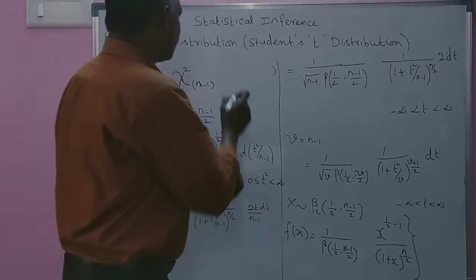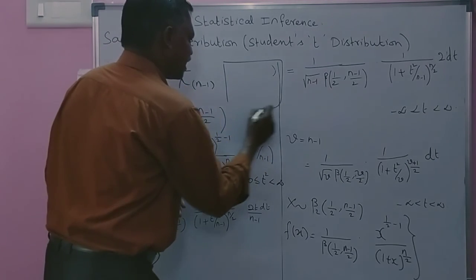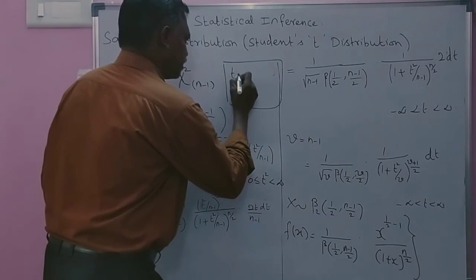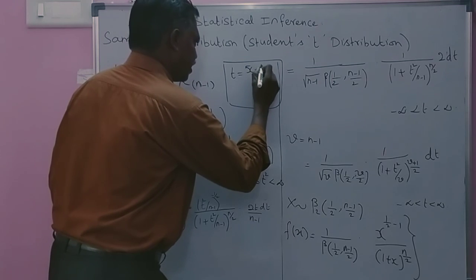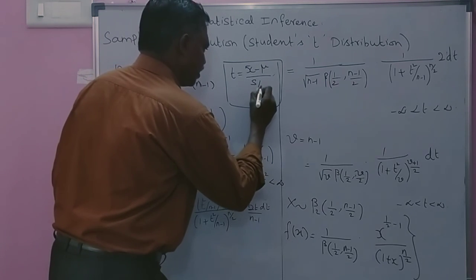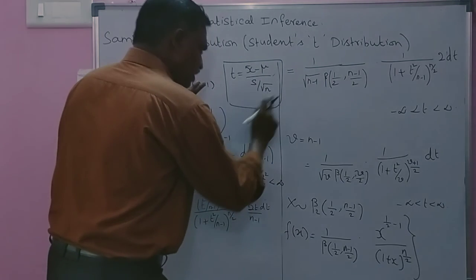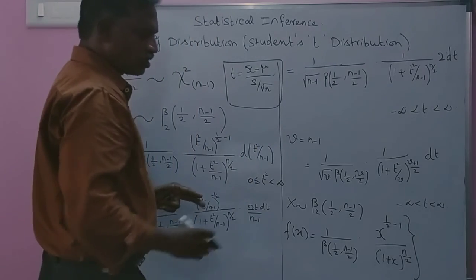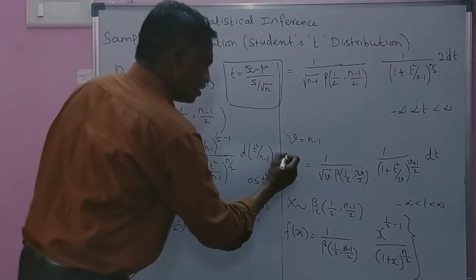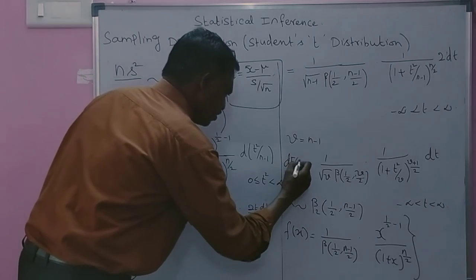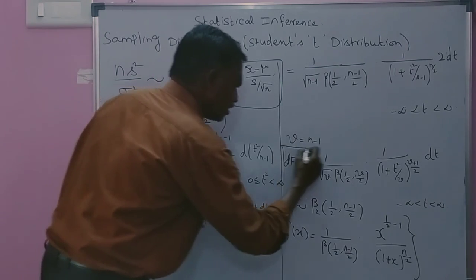What is t here? t is nothing but the statistic (x bar minus mu) divided by (s by root n). This statistic follows this probability function.